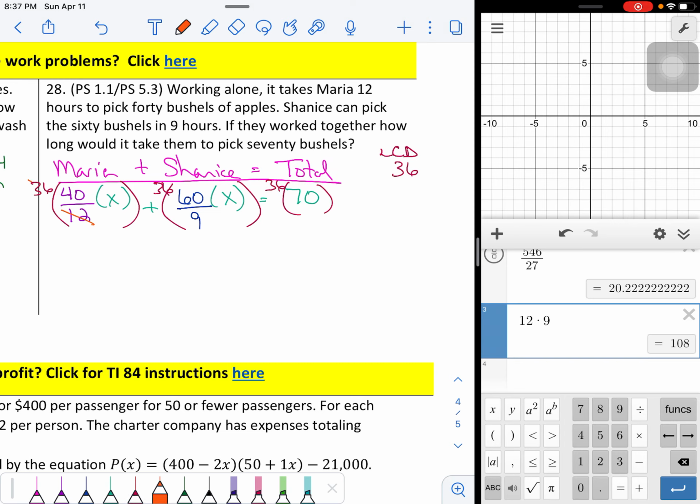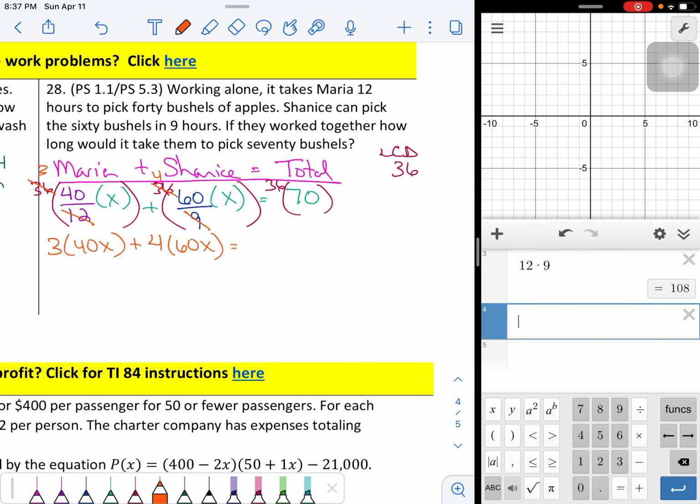Okay. So 12 goes into 36 3 times, so I'm going to have 3 times 40x. 9 goes into 36 4 times, so I'm going to have 4 times 60x. And I have no idea what 36 times 70 is, so conveniently I'm going to use Desmos. 2,520.